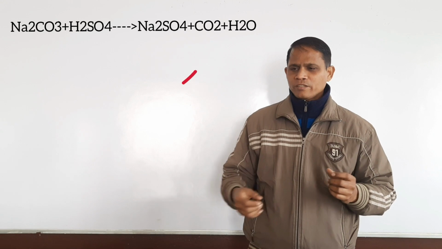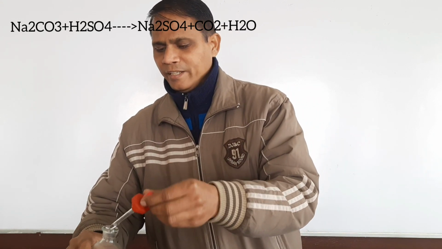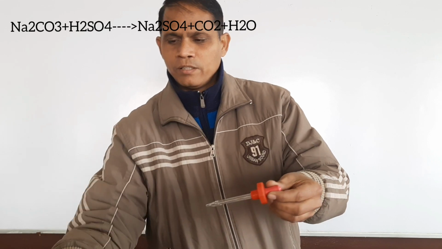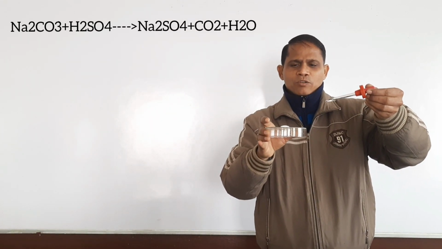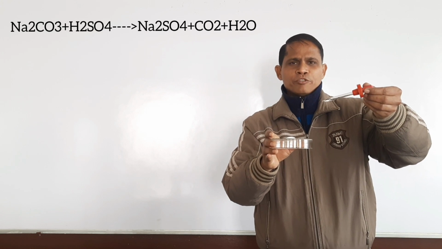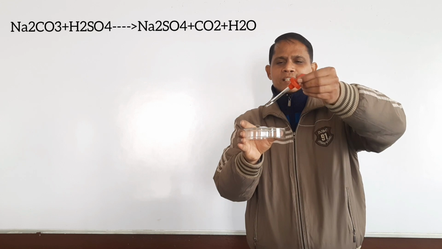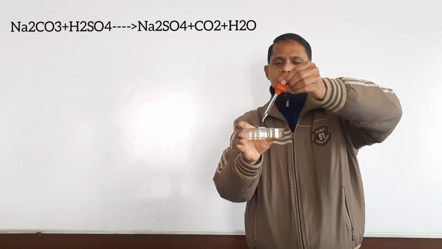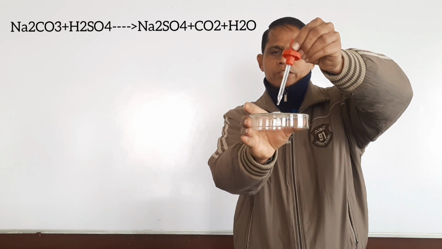I can show it with the help of the apparatus which I have over here. See here, students. Here I have sodium carbonate, and when I put a few drops of sulfuric acid over here, you can see the effervescence. You can see the effervescence, students.